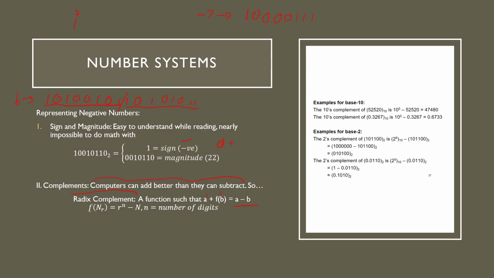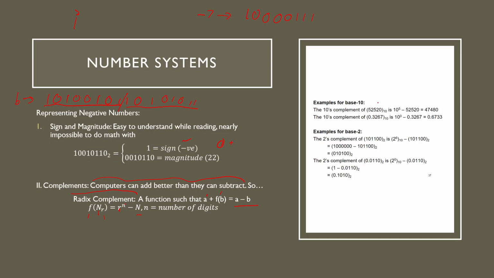How do you find the radix complement? What is f of x? Well, f of x for any number, not necessarily binary, n with a base of r, a radix of r, will be r to the power n minus n, the actual number. And n here, the small n, is the number of digits. Examples over here are given.